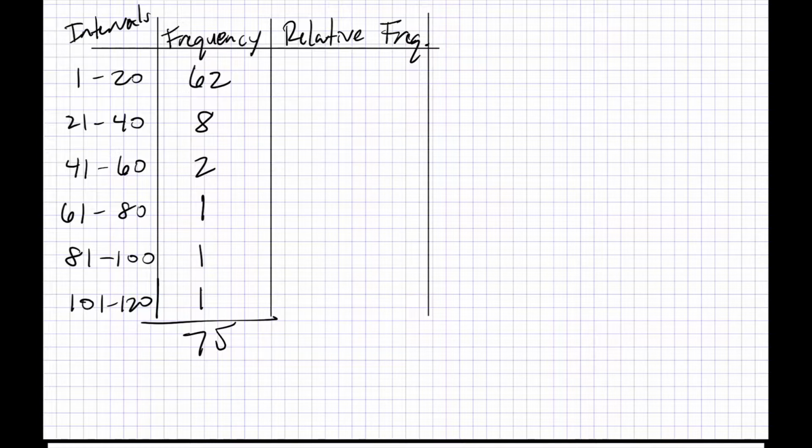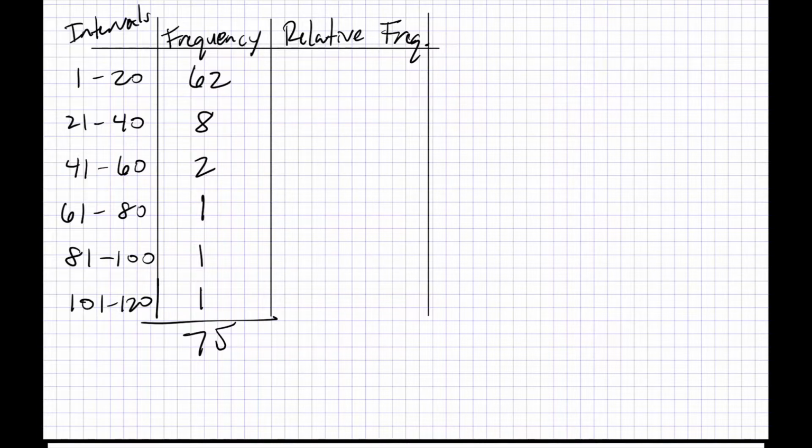So my next question is, if someone were to say there are 62 countries that scored medals from 1 to 20, is that a lot of countries? 62. It is a lot because it's a big percentage, right? It's 62 out of 75. That's almost everybody, right?